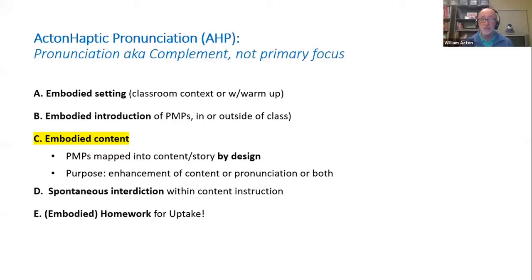And it evolves to something that comes back to Amanda's model, the overall model she gave us that brings more features into teaching pronunciation. So we begin with, you can see there's A, B, C, D, E there. A, B, D, and E are just like the general model I just mentioned. What's different to some extent is E and C, what we call embodied content.